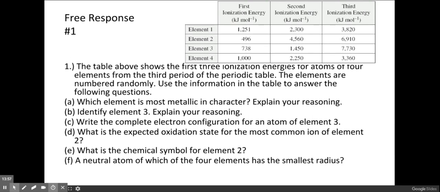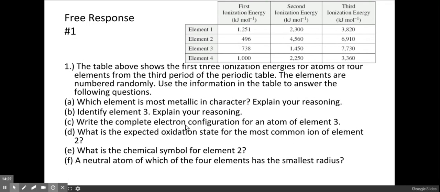Okay, so answer C. Before I reveal the answer, let me say that this is based on what you said in part B. On the AP grading rubrics, what if you identified element 3 incorrectly? You said it was calcium, or silicon, or something like that, and you got it wrong.